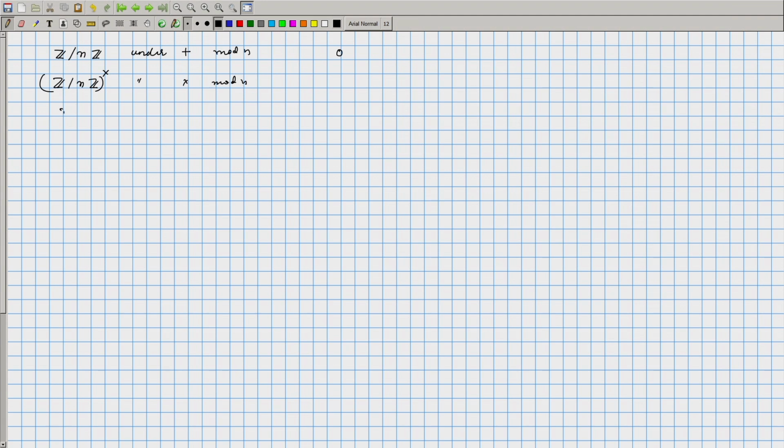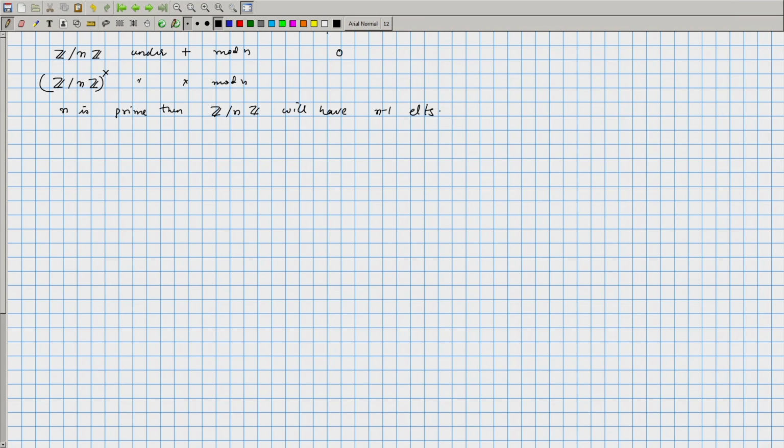If n is prime, then and only then Z_n* will have n minus 1 elements, because if n is prime, the numbers which are relatively prime to n, or the numbers which have GCD with n as 1, are all the numbers less than n except the 0. So this gives us many examples of finite groups.